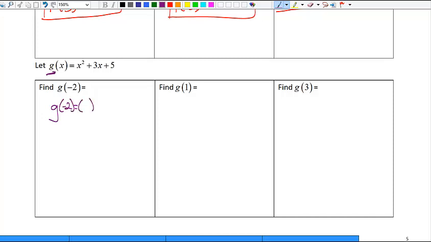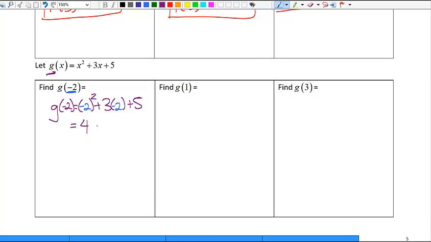So we have g of negative 2 is equal to x squared plus 3x plus 5, my original function. Every time I had an x, I'm going to leave an open parentheses blank so that I can replace it with the value, in this case negative 2. So on the first value, I have negative 2 squared. That's negative 2 times negative 2, which is positive 4.